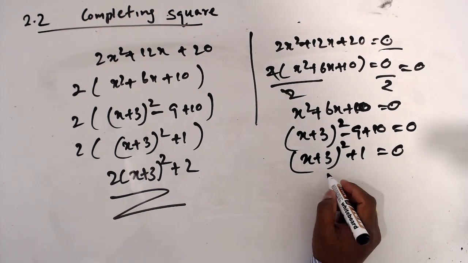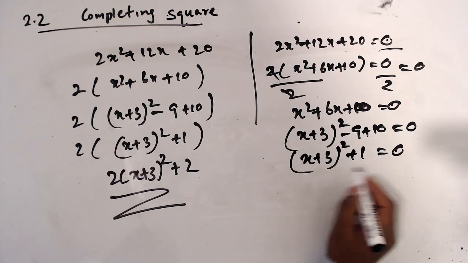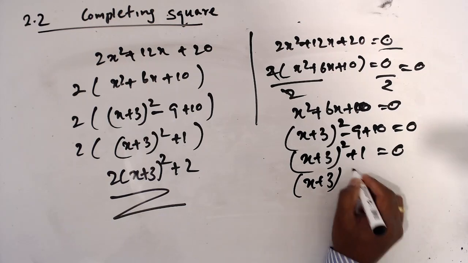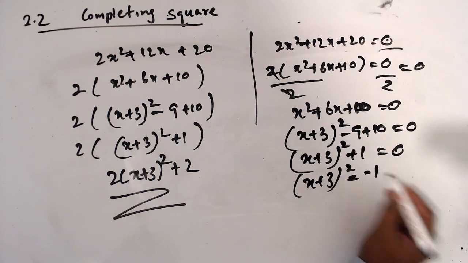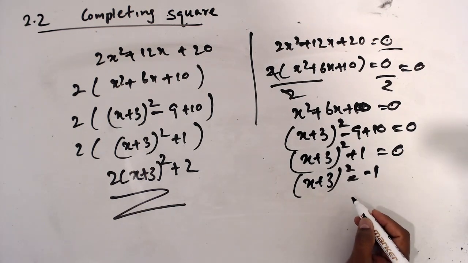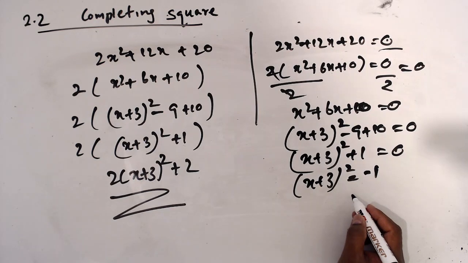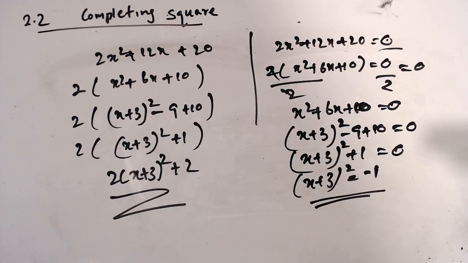So that's all, actually. Then (x plus 3) square equals minus 1, and we can't solve it anymore unless it is complex numbers. Otherwise we can't take the square root, but that's how it is.